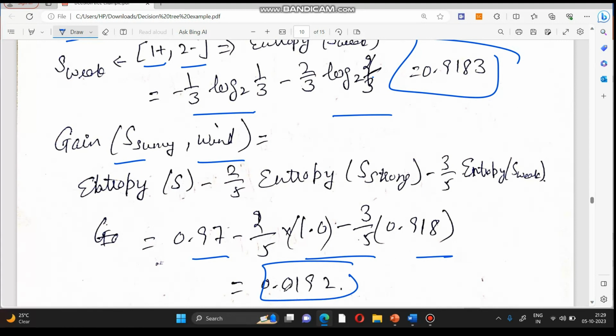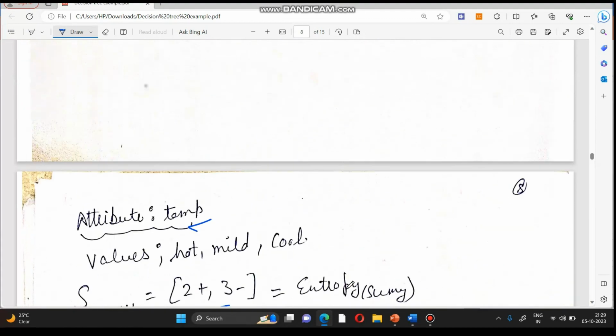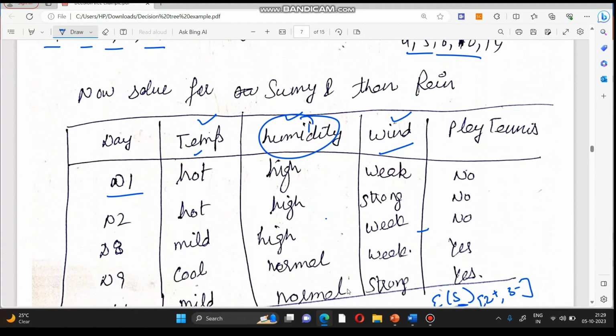Now let me write these values quickly on the sub table here, so that we will get to know. When we talk of the temperature attribute, what was the information gain? In this case, the information gain was 0.0289, as we have calculated. Now for humidity, we have calculated that the information gain was 0.1516.